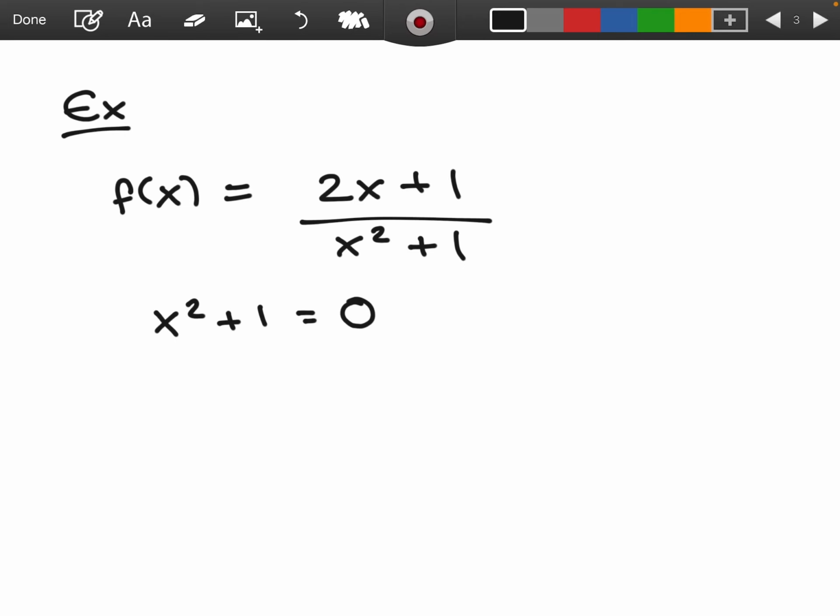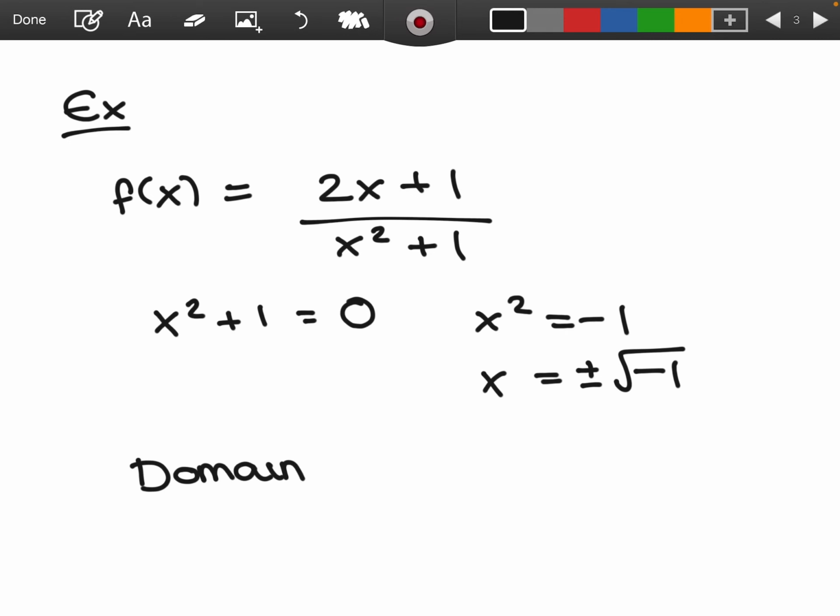I have to go into the complex numbers in order to find an x where this is 0. Because if you went ahead and solved this, you would be taking the square root of -1, which is obviously a complex number, not a real number. So in this case, our domain is just all real numbers.